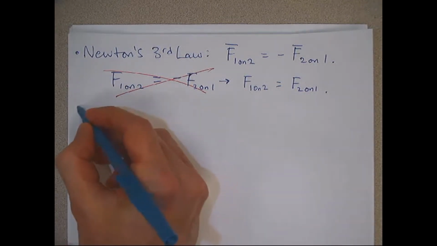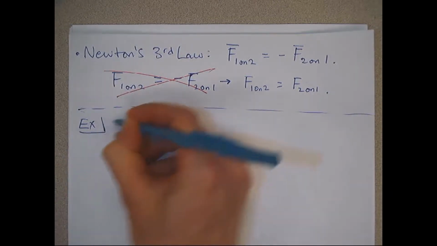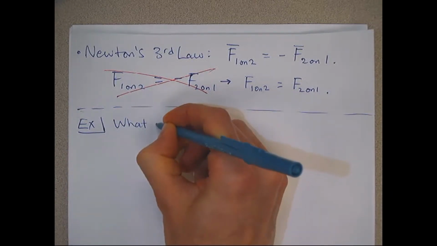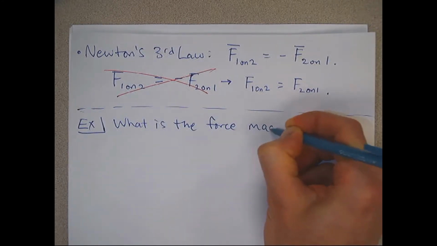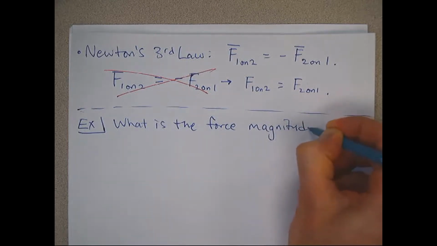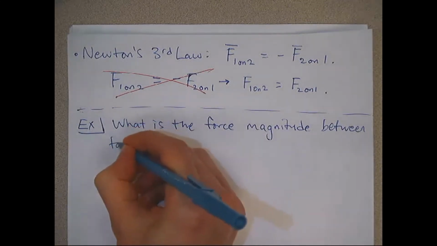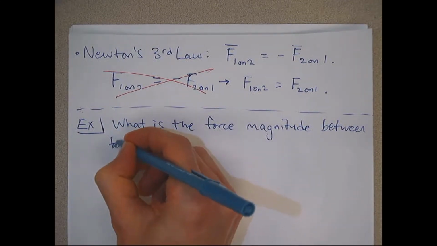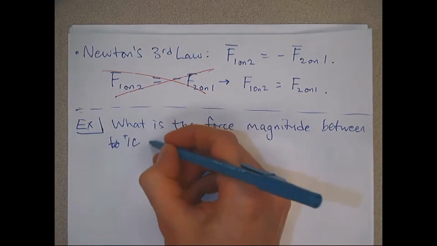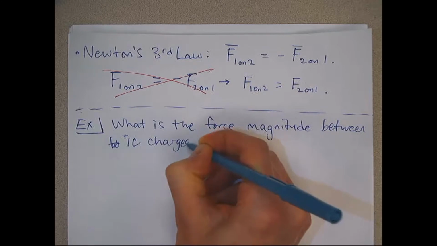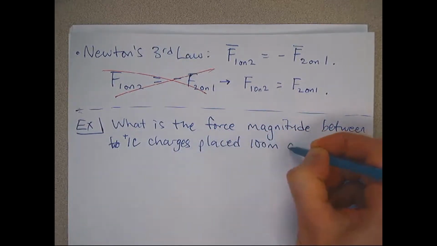So let's try a numerical example here. What is the force magnitude between two positive 1 Coulomb charges placed 100 meters apart?